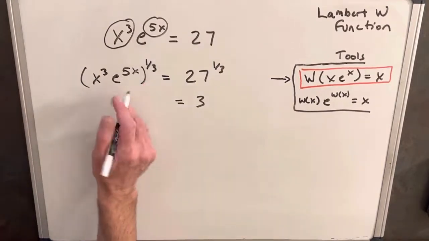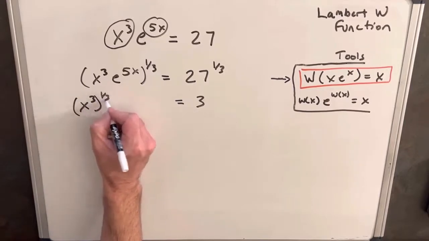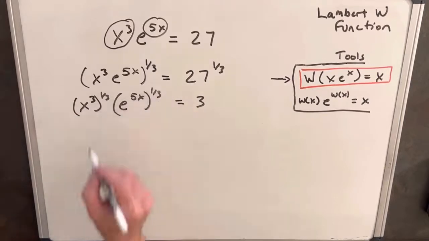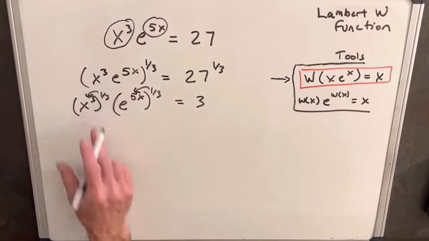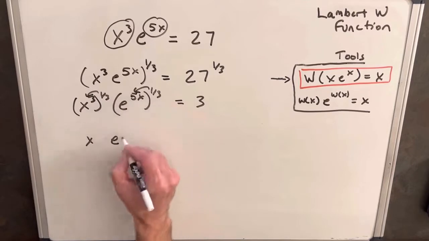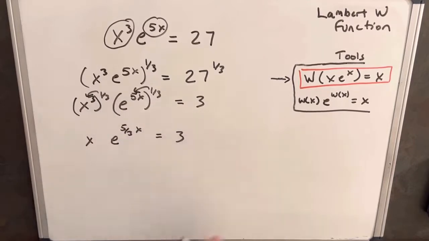Then we'll break this apart. We'll have x cubed to the 1/3 times e to the 5x to the 1/3. Then distribute on each, bring this inside of the parentheses. So we're going to have x e to the 5 times a third, which is 5/3, x equals 3.